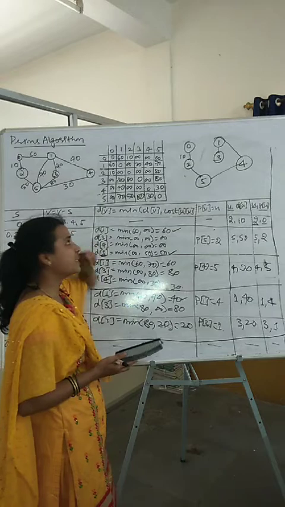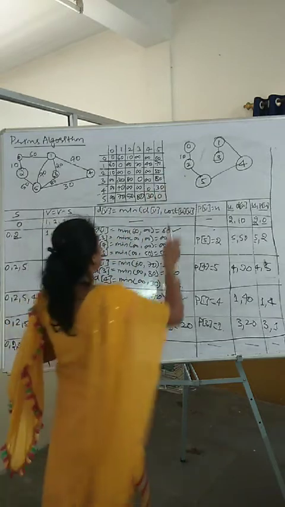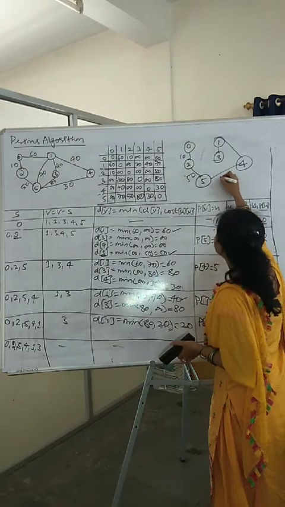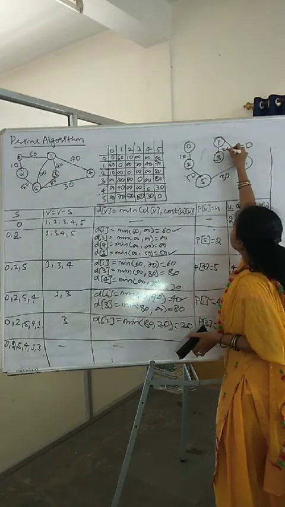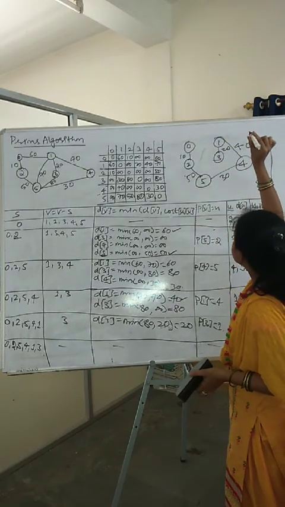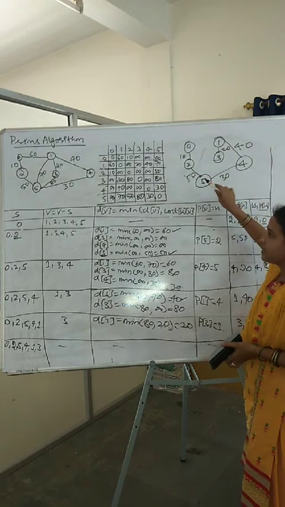Next, it is connected. All the vertices are connected. Now let us write the costs here. So here it is 50, 30, 40, 20. Done.